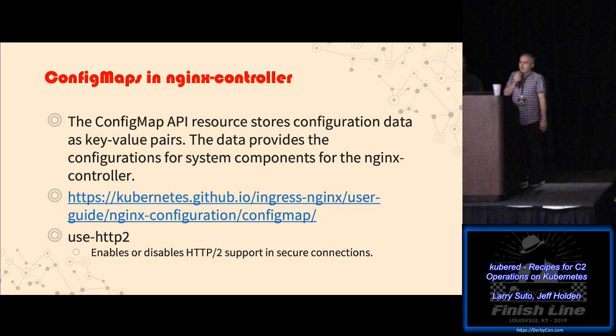Okay, so config maps and Nginx. Nginx ingress controller is very configurable, and if you're going to do rewriting and filtering in your C2 profiles or whatever C2 server you have, you're going to want to see if the beacon or the implant checks in.